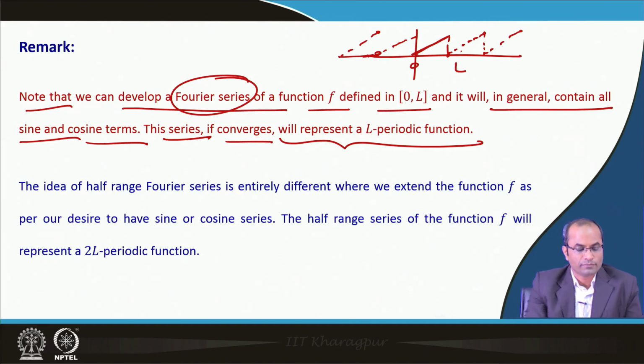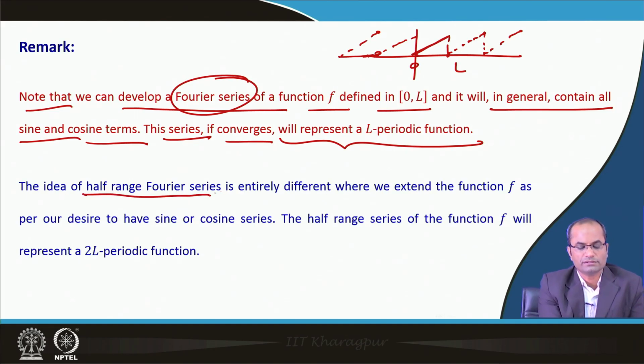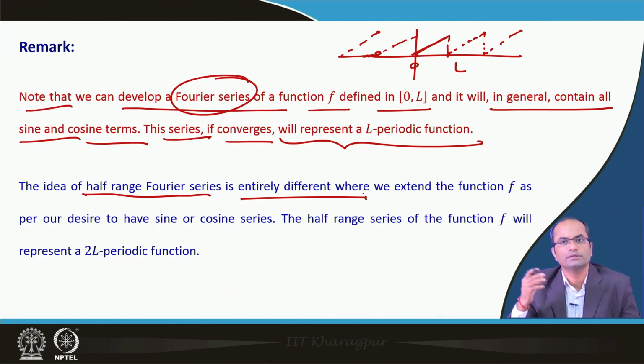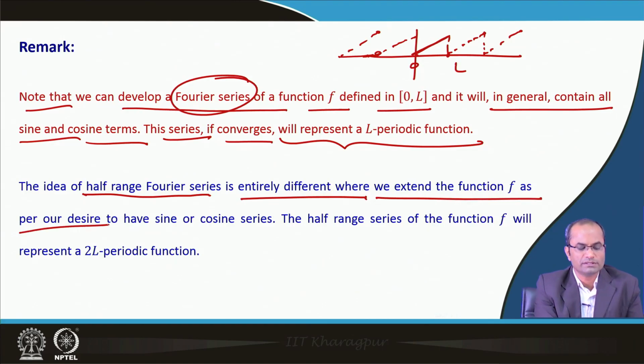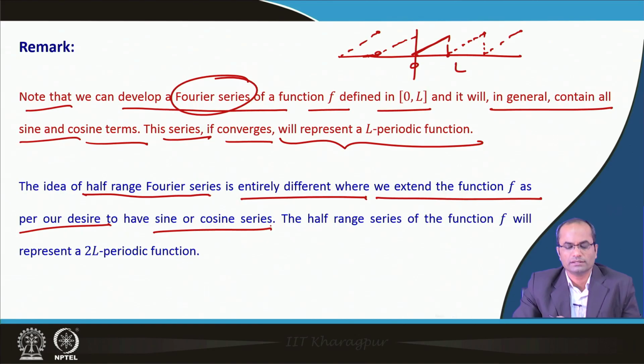But now, the idea of this half range series is entirely different from the Fourier series which we have discussed so far. So, here we extend the function as per our desire to have sine or the cosine series.